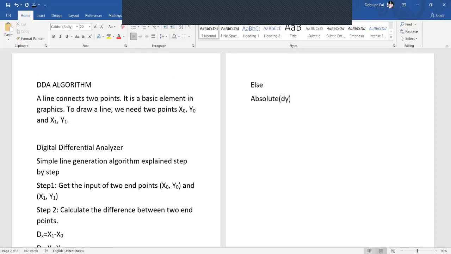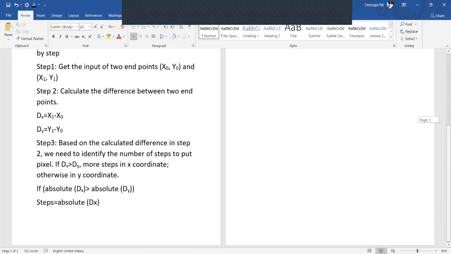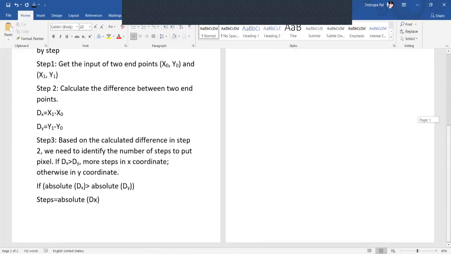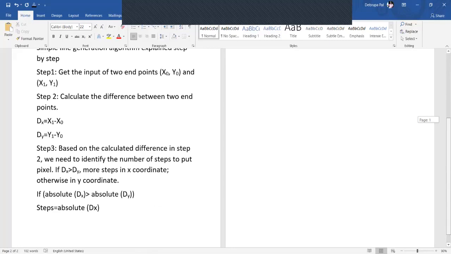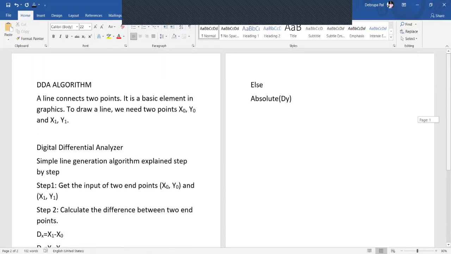Okay, so this is the difference. That means we have to calculate whether it is dx and dy, and if absolute dx is greater than absolute dy, then more number of steps is put for absolute dx or else absolute dy.